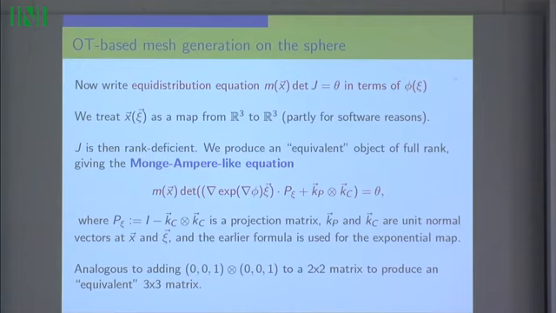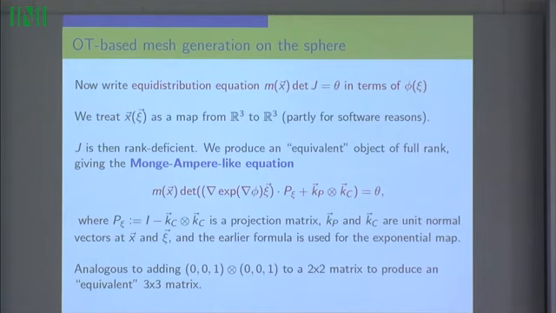So in Euclidean space, that area ratio is just the determinant of the Jacobian, which works out as the determinant of the identity plus the Hessian of the function phi.